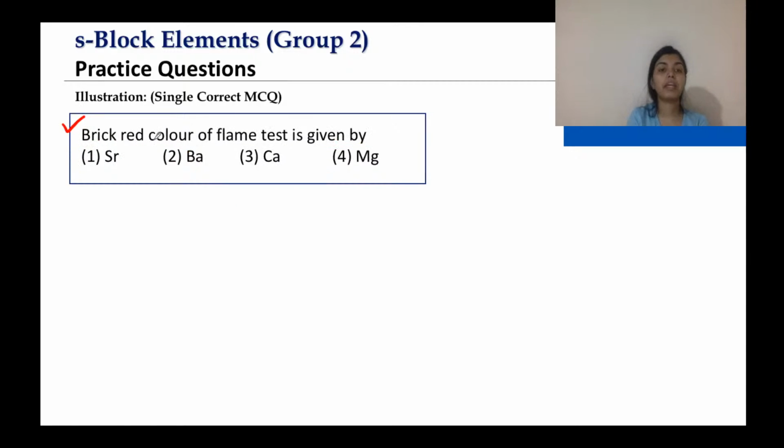Next is brick red color of flame test is given by. Which one of the following elements gives brick red color to the flame test?